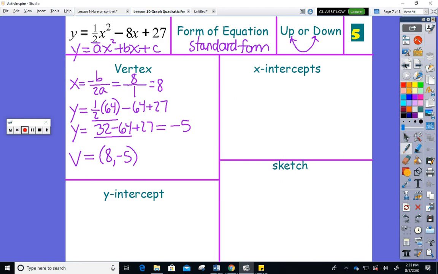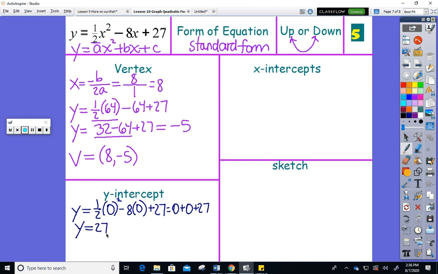Now, on this one, the y-intercept is going to be easy because remember, you plug in 0 for x, so it's 1/2 times 0 squared minus 8 times 0 plus 27. Well, guys, that's just 0 plus 0 plus 27, right? So y equals 27.